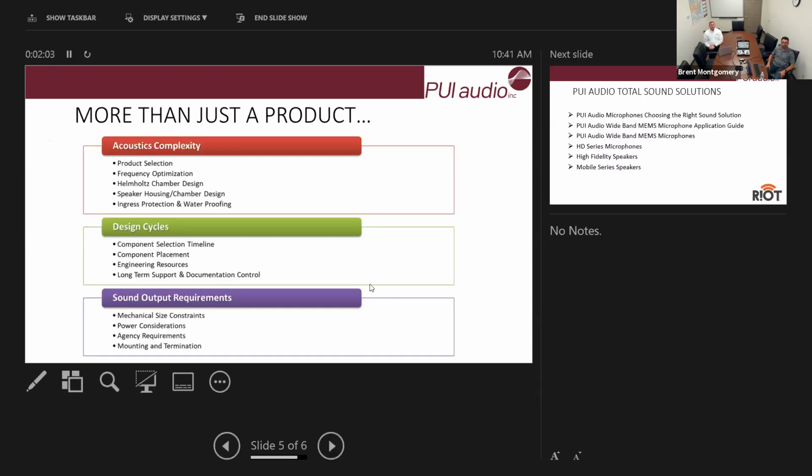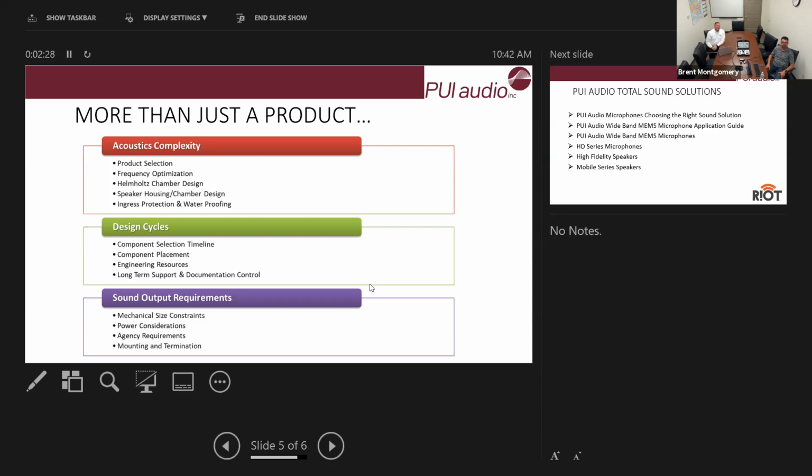This slide shows a number of characteristics and factors that design engineers have to account for, and in some cases are challenges to design engineers when you're designing in audio components. These are all characteristics and items that PUI Audio has solutions to.